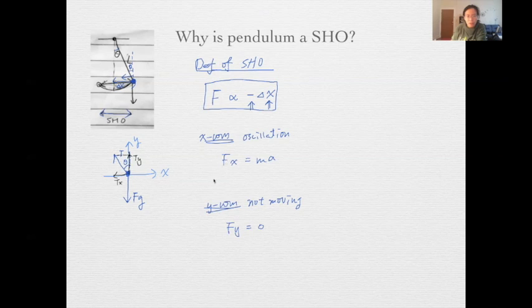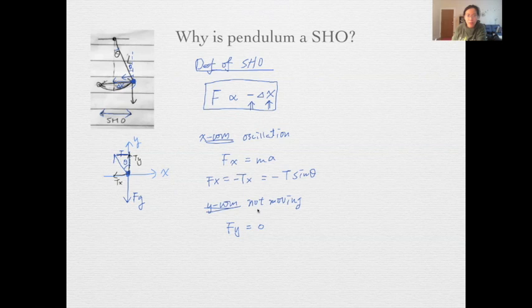So Fx here is negative tension times the x component, equal to ma. I'm going to write it this way so it will be clearer. Fx is provided by the x component of the tension, which is negative Tx, equal to negative T sine theta, because Tx is the side opposite this angle.